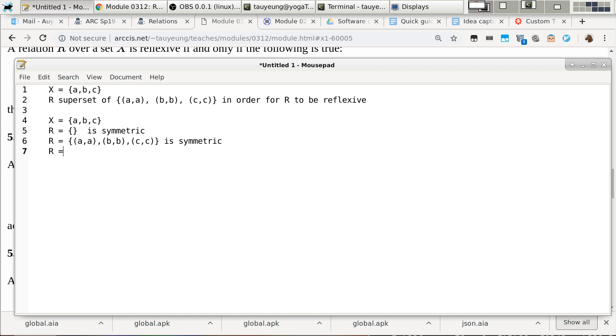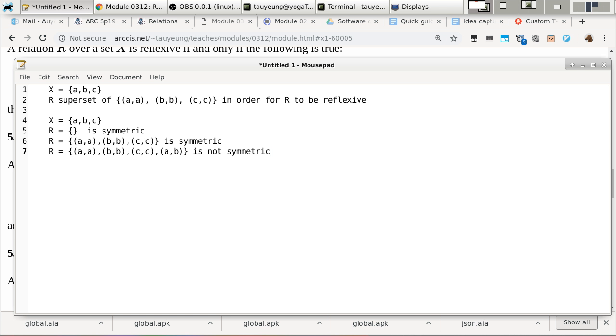But, okay, so does this mean something being reflexive is automatically symmetric? Well, that is not the case, because now I can give you an example like that. This is not symmetric.